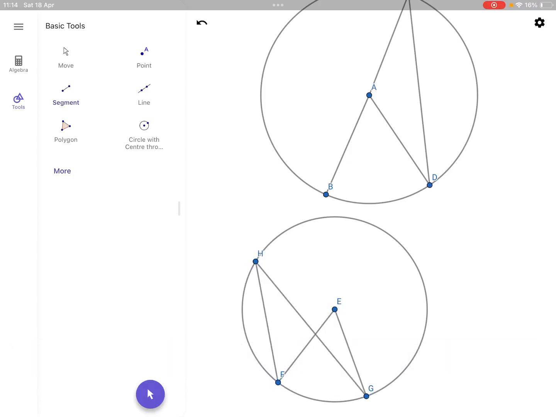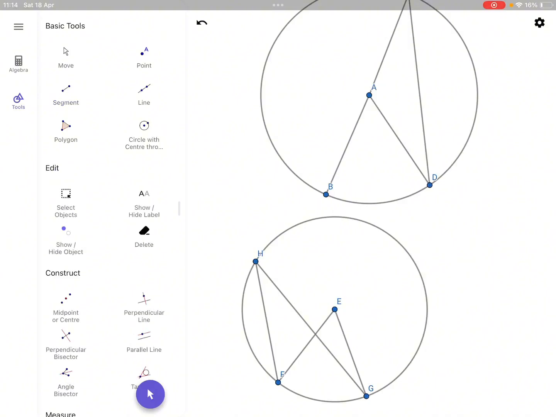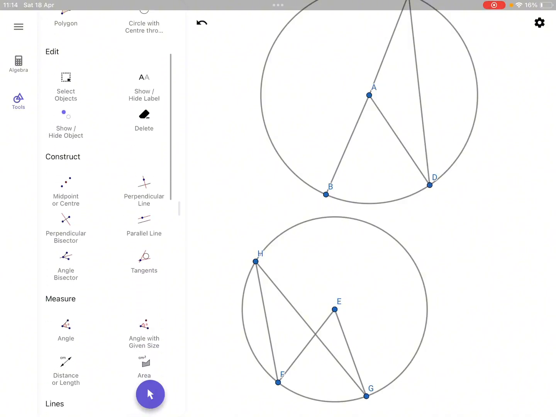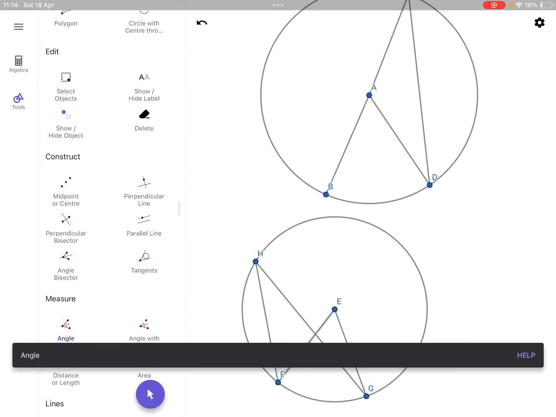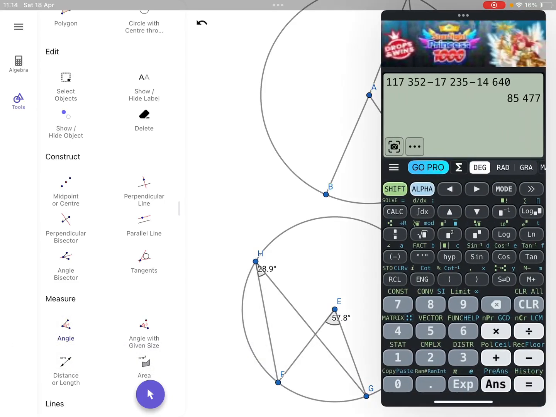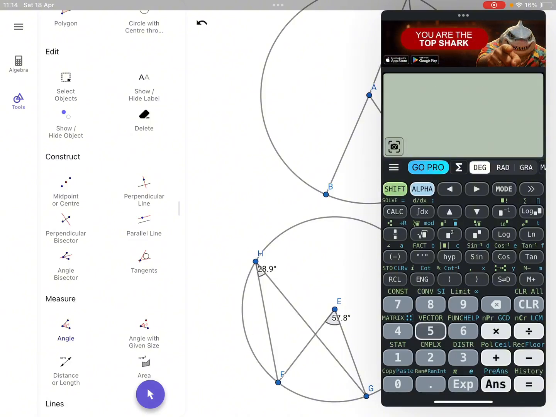Right. Let's now calculate the angles and see. We have this angle here, it's 57, and that is 28. What does that imply to us? 57,8 divided by 2 gives us the angle at the center. Or we can say 28,9 multiplied by 2 gives us the angle at the center.